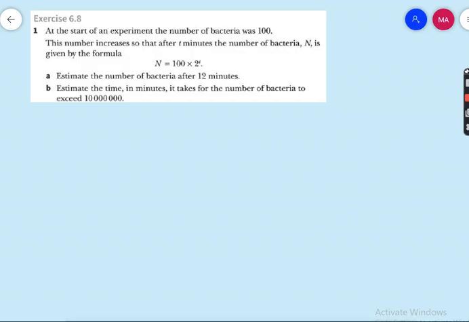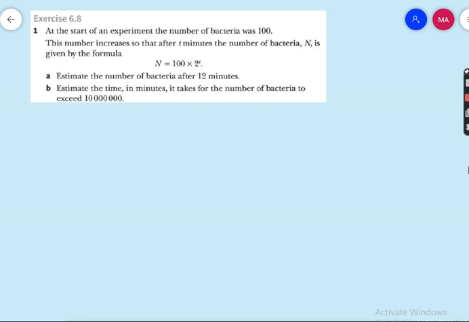Before I start this question, you first have to strengthen your concepts of logarithm. In order to do that, kindly go to my playlist. There is a folder named ADMAS, where you can watch previous videos of logarithm to get good command on this topic.